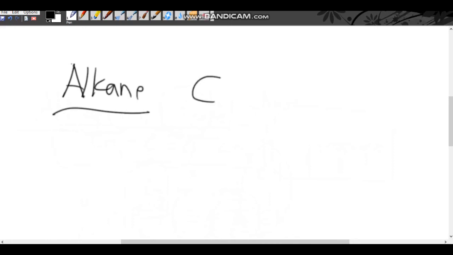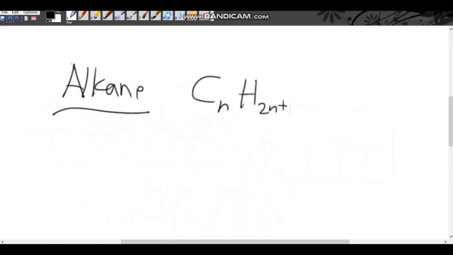So far, we have learned how to name molecules of alkanes, alkenes, and alkynes. But there is actually a specific formula to determine whether they are an alkane, alkene, or alkyne. So consider this. For alkane, we have a formula of CnH2n+2.